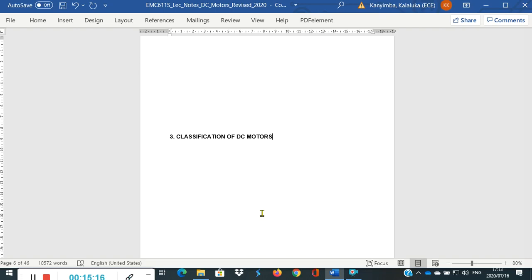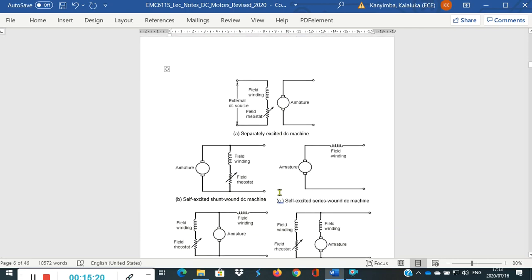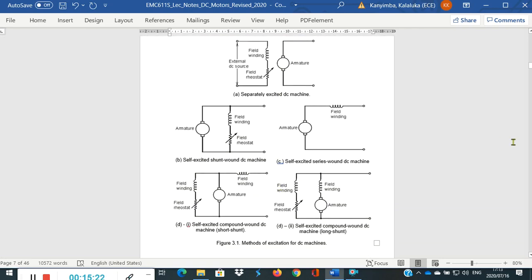So as we shall see in figure 3.1, we have got two general possibilities. Figure 3.1 shows the methods of excitation for DC motors. This is now motors.